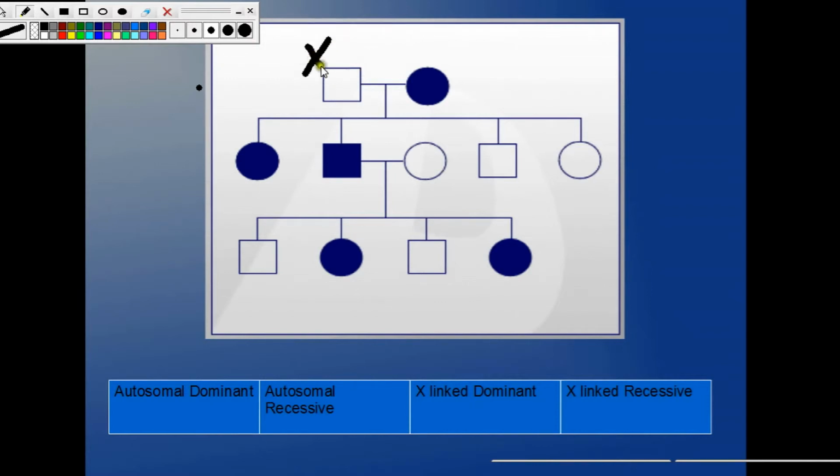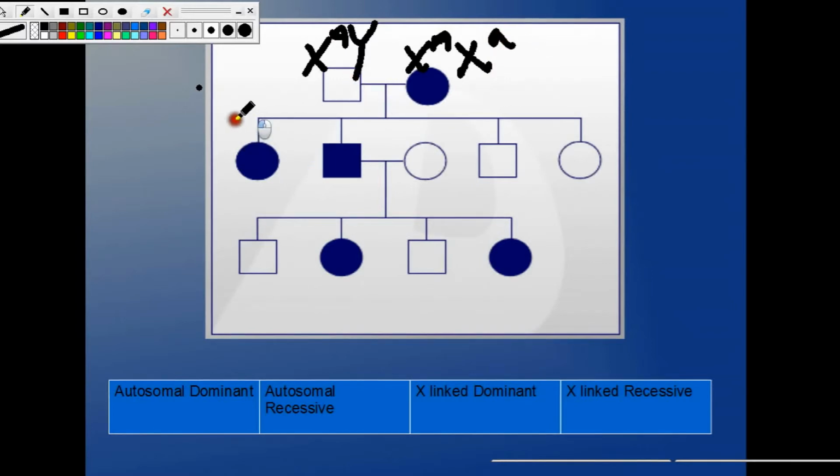So now let's assume that it's X-linked dominant. The male who doesn't have the disease is going to have the recessive trait on his one X, and then he's going to have his Y, and the female who does have it is going to have a big A, and then let's give her a little a, the recessive.